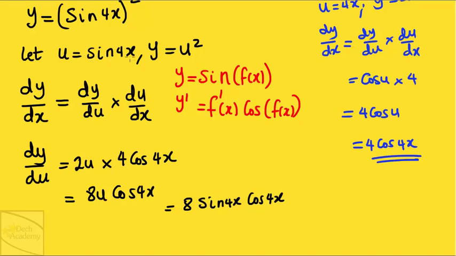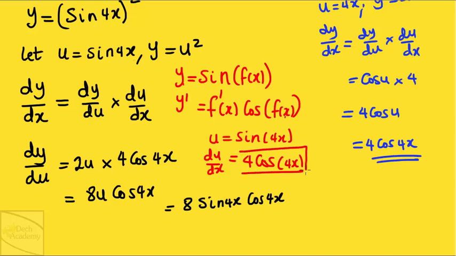And u was sine 4x. So du dx, in this case, the derivative of u with respect to x, is equal to the derivative of the function. So what's the derivative of 4x with respect to x? It's 4 times the cosine of the function of x, which is what we got here.